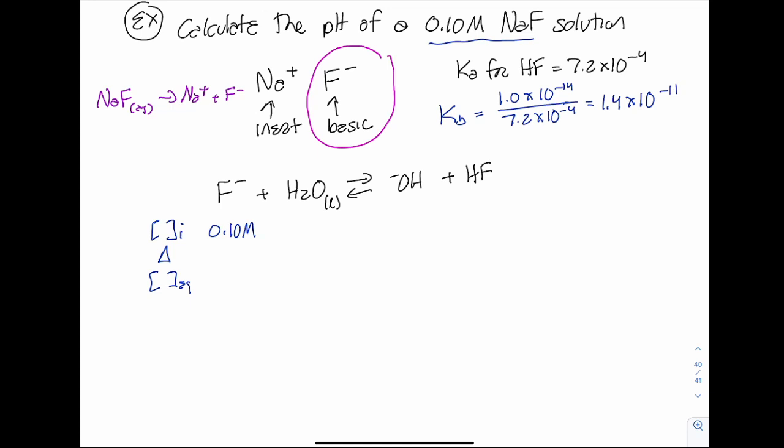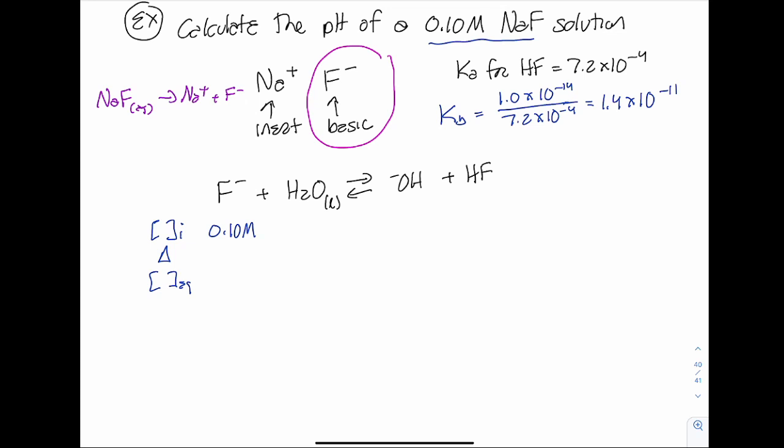Now be careful for reactions that aren't 1-to-1. If I gave you something like strontium fluoride, now I would have 2 fluorides for every 1 SrF2. So just be careful for that. It's not always 1-to-1. In this case, it is. So whatever my concentration of sodium fluoride is, that is my concentration of fluoride ions.